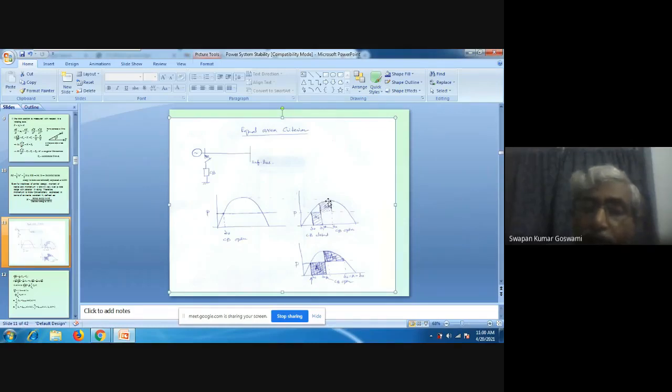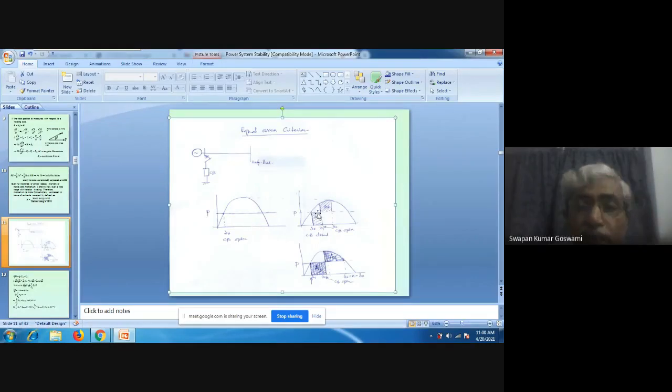From delta 0 to delta 1, above this zero line and below this power input line, this is A1. And from delta 1 to delta 2, above the power input line and below the power angle curve, this area is identified as A2.